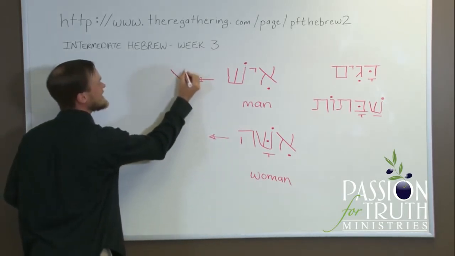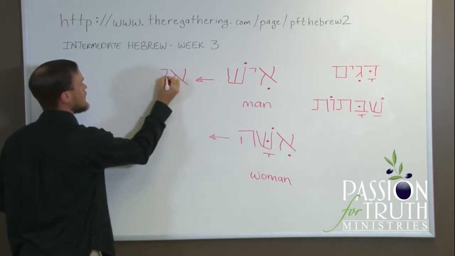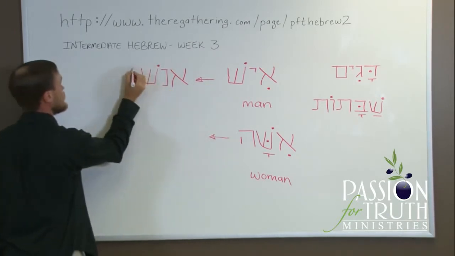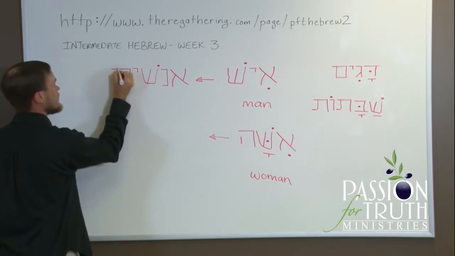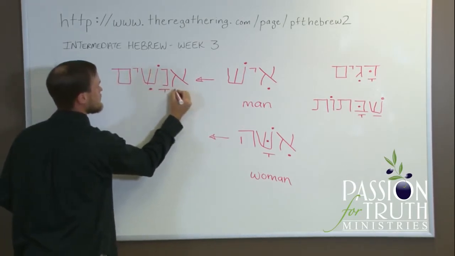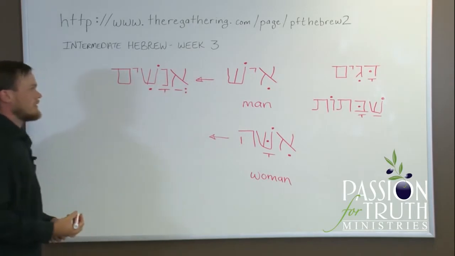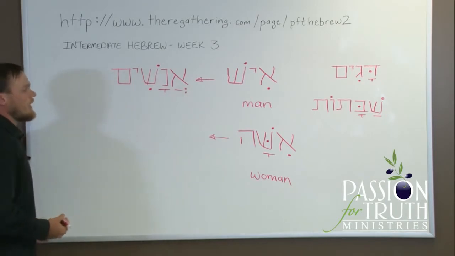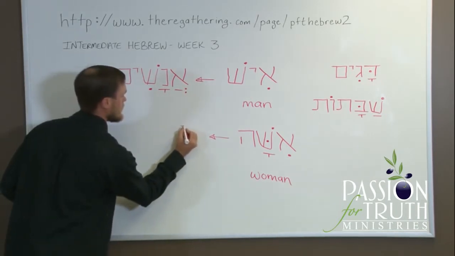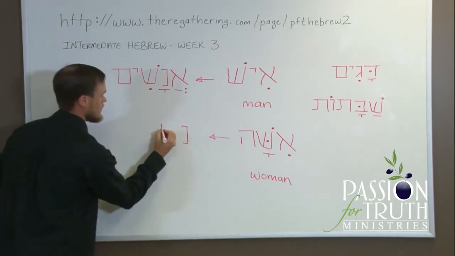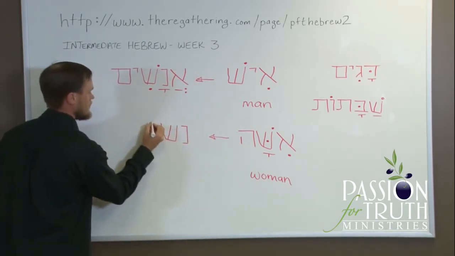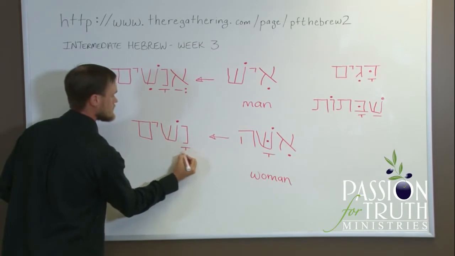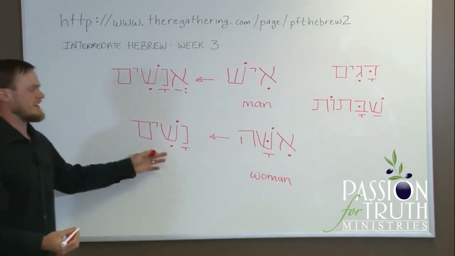So Ish, instead of becoming Ishim, becomes Anashim. Again, this mysterious nun seems to invade the word. The yod drops out and is replaced by a nun. And Isha, instead of being Ishot, undergoes a very bizarre change. Isha becomes Nashim.